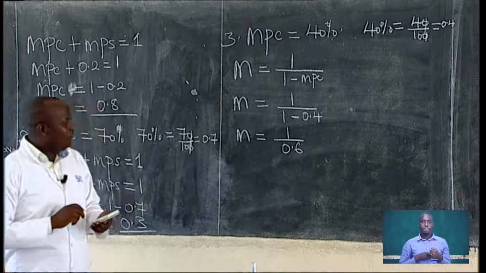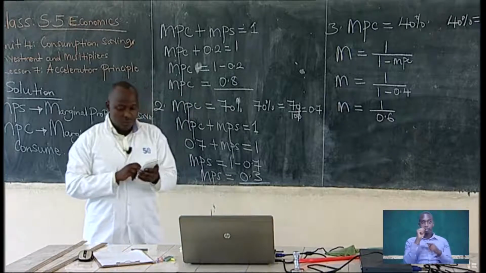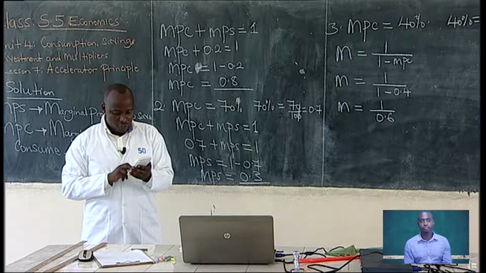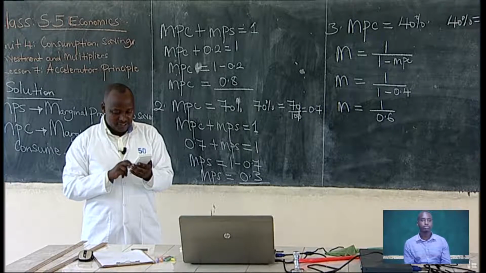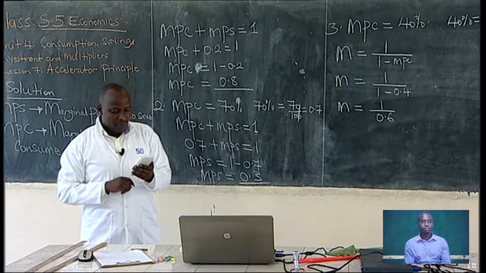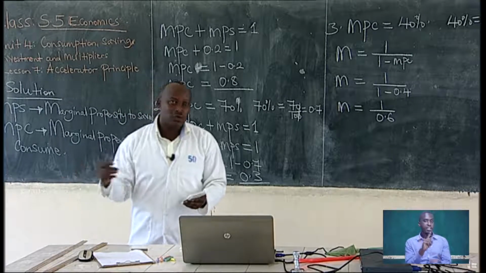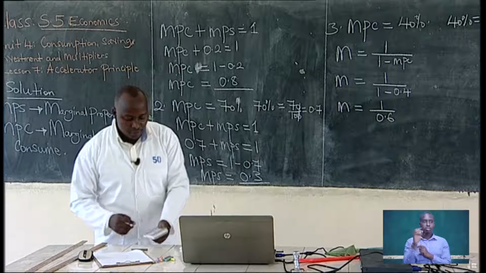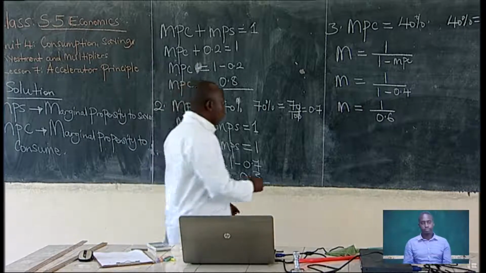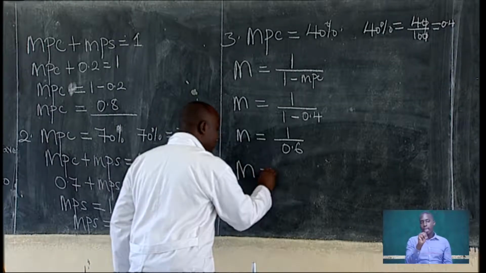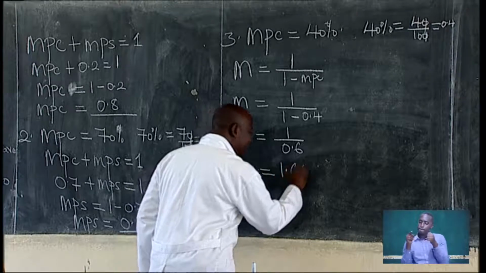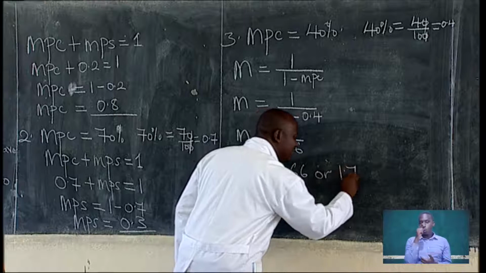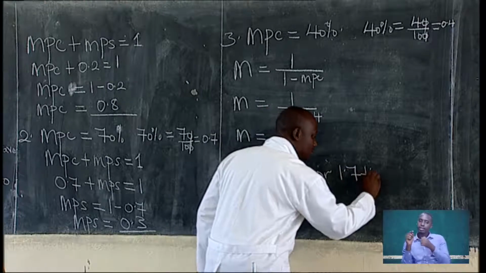Now, if you get 1 divided by 0.6, our multiplier will be 1.66 recurring. Or we can round off to 1 decimal place, so our multiplier is 1.7 times.